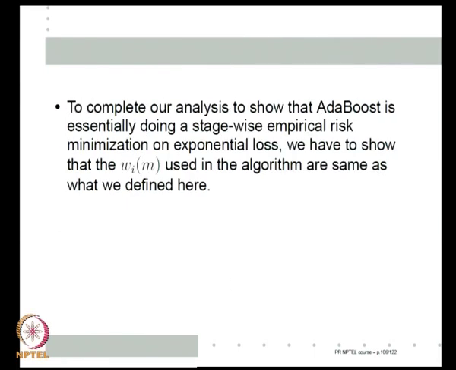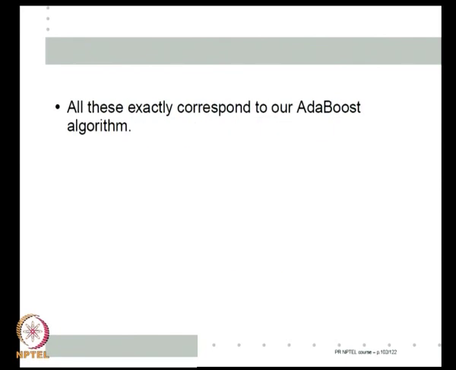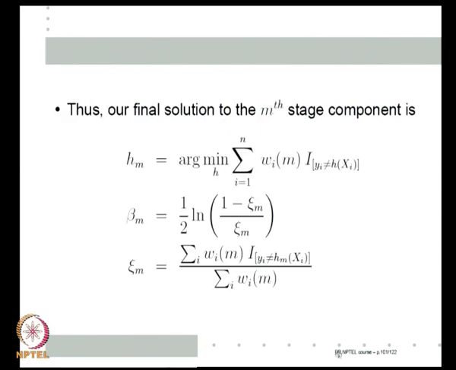Now, to complete the analysis, what we are showing is that essentially what we learn is what the AdaBoost algorithm is doing. If we are doing empirical risk minimization using the exponential loss function, the factors we get are the same as in AdaBoost, if this w_i is the same as the way the weight behaves in AdaBoost.